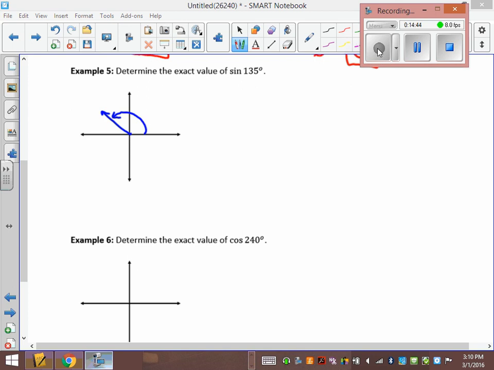Coses are the x values and sines are the y values. So we're going to take the y value off of the 135, which is root 2 over 2. That's our answer. Move on to the next question. Root 2 over 2.